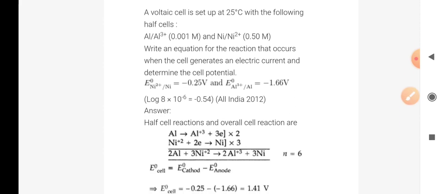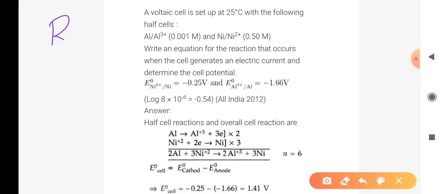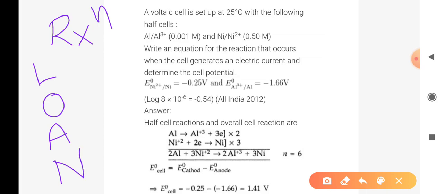So in this, first of all we have to write the reaction, then we find out by the one trick which one is oxidized and which one is getting reduced. And remember one thing: on the left side the oxidation term will always be written, that takes place at the anode, and it is negatively charged.